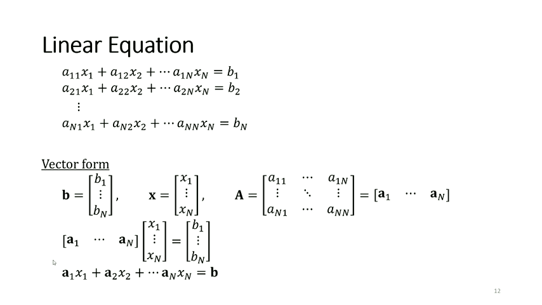But I can treat them as if they were scalars, as long as I take care of the dimensions and preserve the orders. But here, these are all scalars anyway, so I don't bother about the order. A1 x1 plus A2 times x2 all the way to plus dot dot An times xn equals b. Okay, so this is what I have.